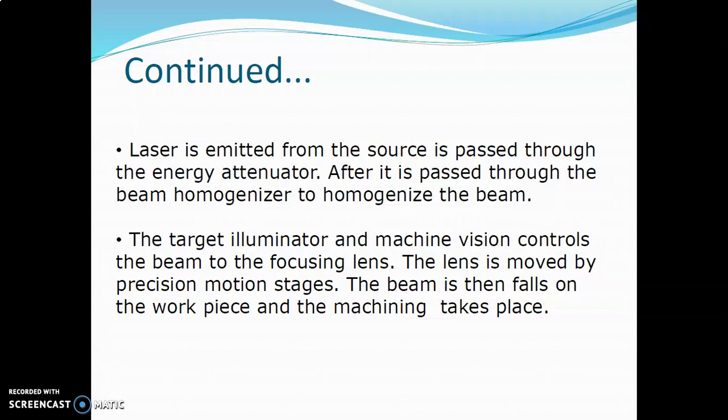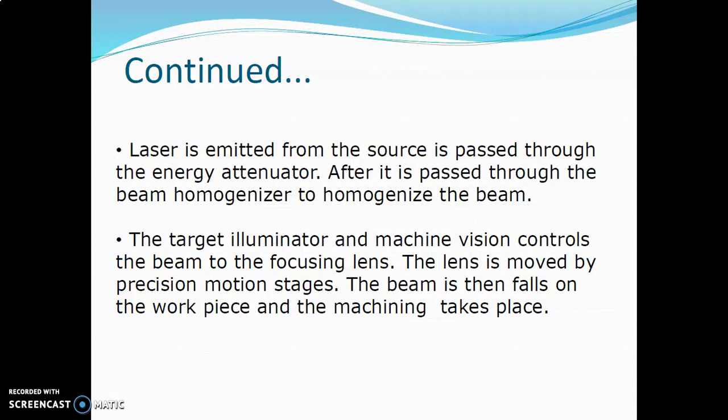So you can see here we are starting from the laser to the workpiece, and it is transferred through a number of systems. The target illuminator and the machine vision control the beam to the focusing lens.